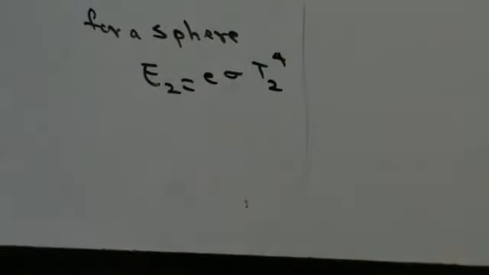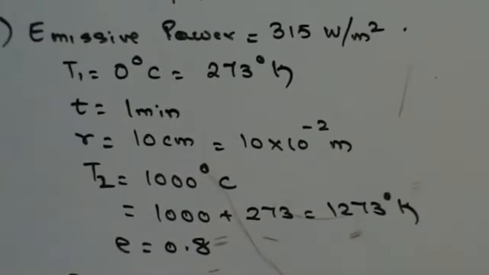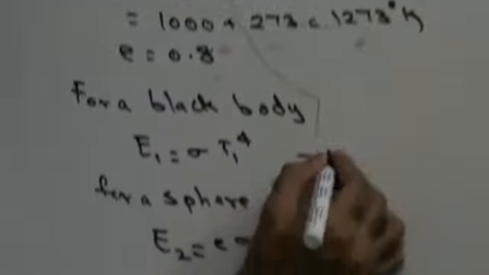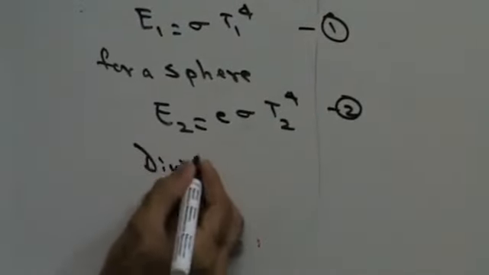Now T1 is given to you as 273 Kelvin and T2 is given to you as 1273 Kelvin.